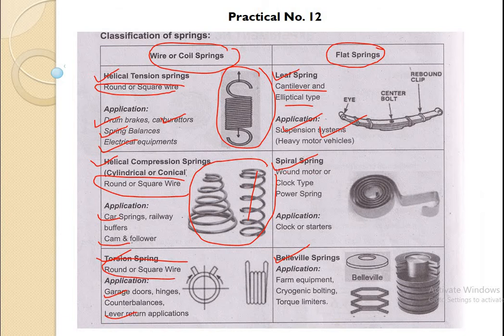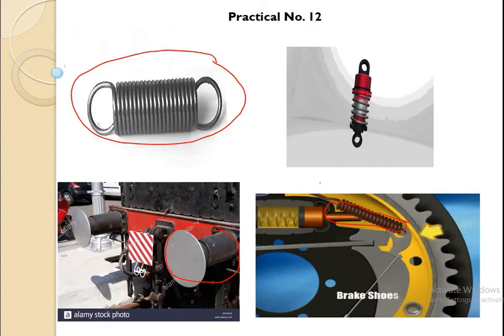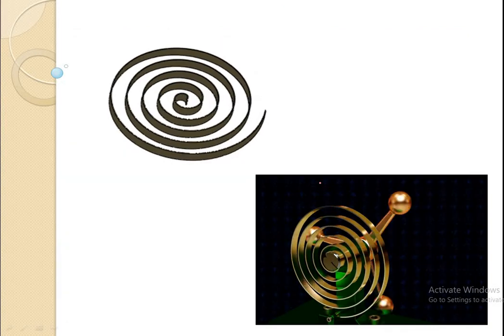Spiral spring. It is a wound form or clock type power spring. If we take the example of a clock, it will wind a certain spring and store the energy, and it will perform the task of a wristwatch or wall watch where springs are used. These are the spiral springs.